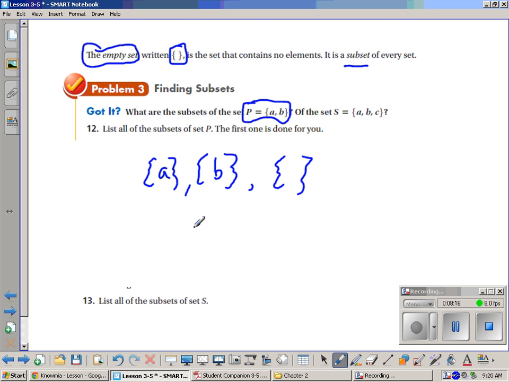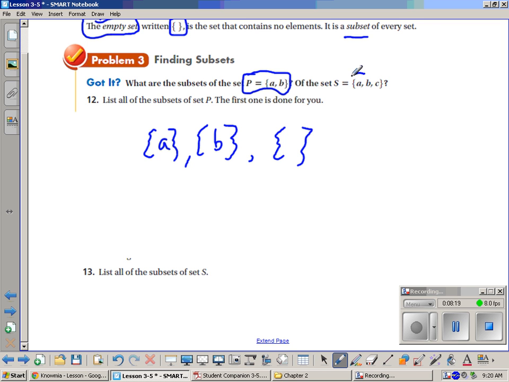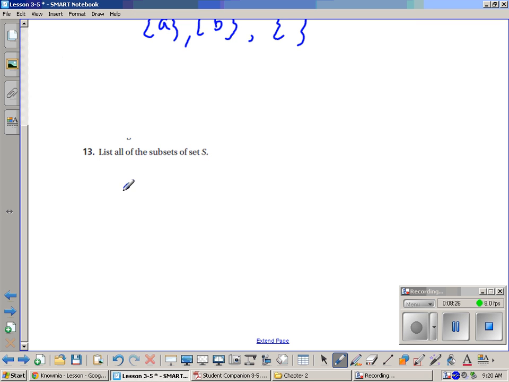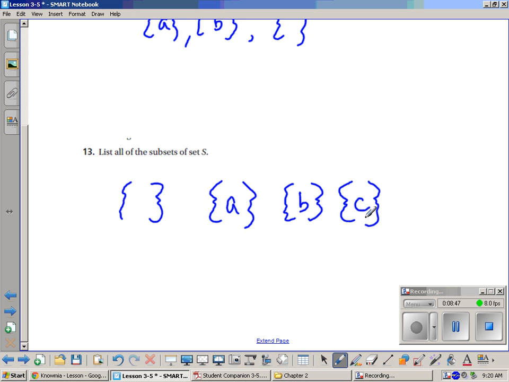So if we're working with a larger set, we're going to work with the set S, which is going to be ABC. We're going to have the empty set, and then we're going to have the single sets A, B, and C. So those would be all of the sets that would be single digits, but we can have double digits as well.